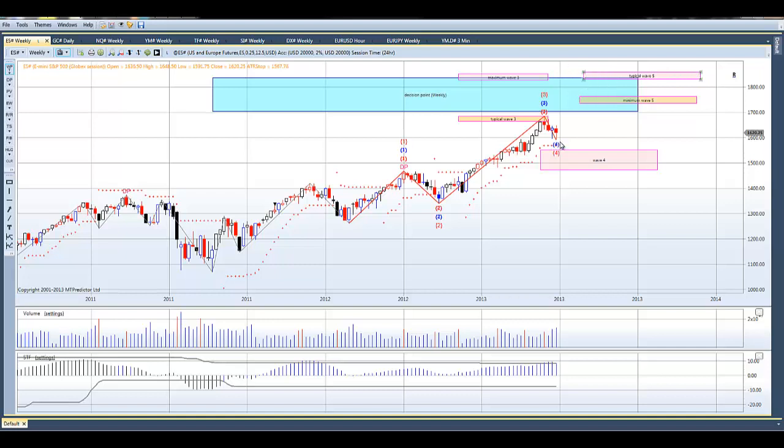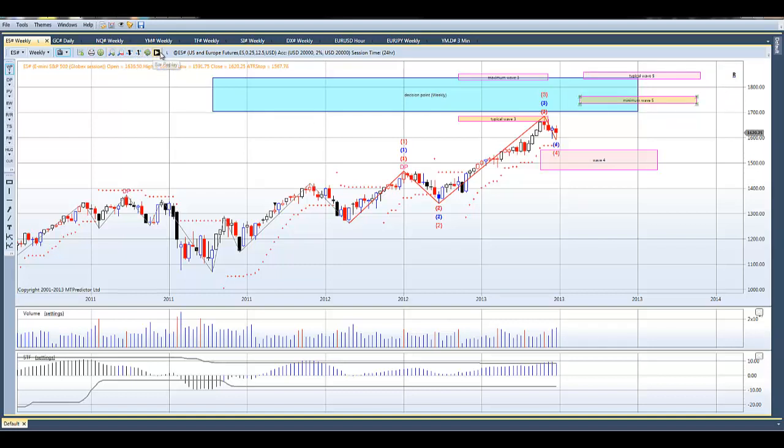So that would be a logical scenario here with the strength on the STF. The pullback may be shallow, maybe not reaching the full wave 4 target before it begins to move higher. Maybe the options expiration helps. Like I said, they do like to rally into that level, and we can get into this wave 5 target.